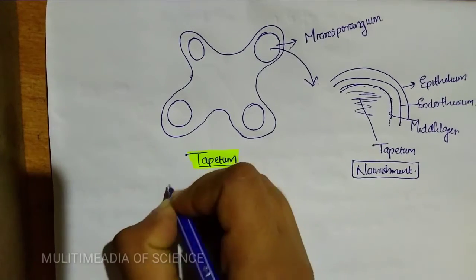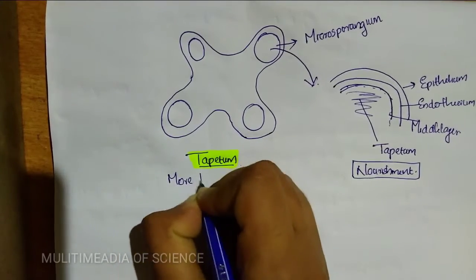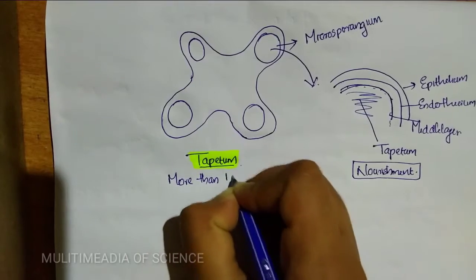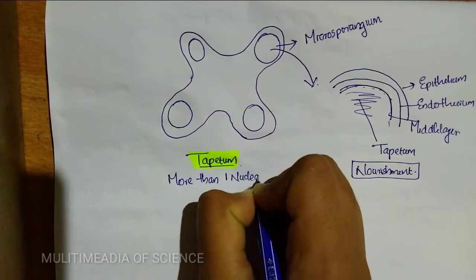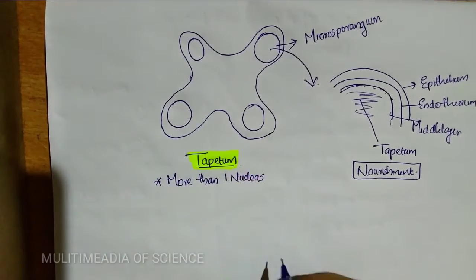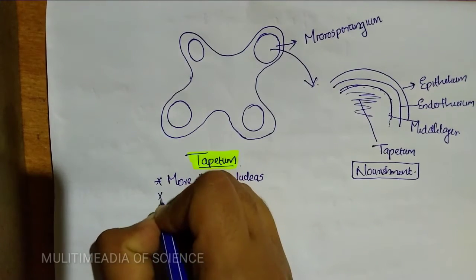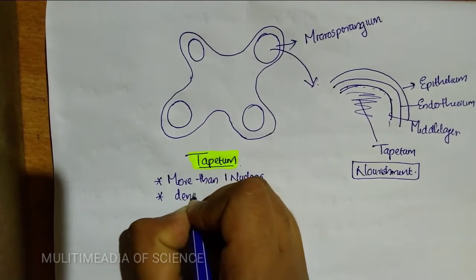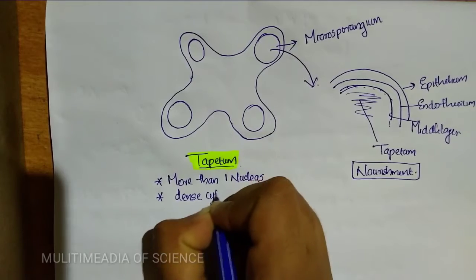It consists of more than one nucleus. That is the first point about the tapetum. The second point is that it has dense cytoplasm.